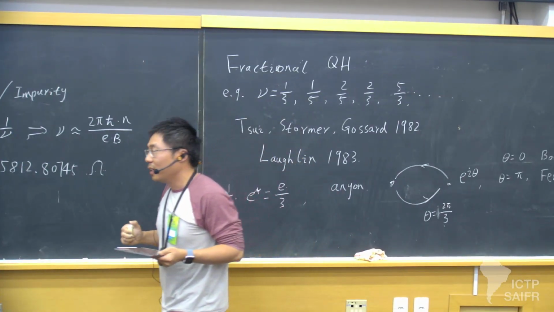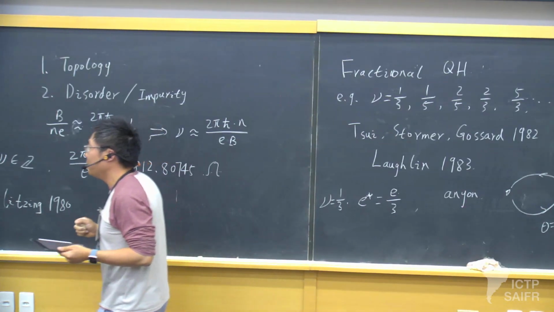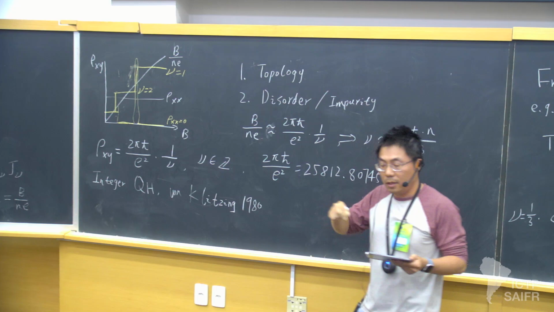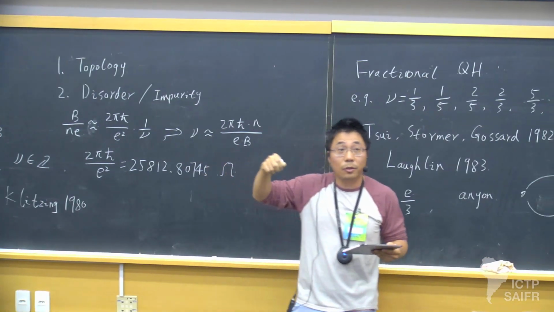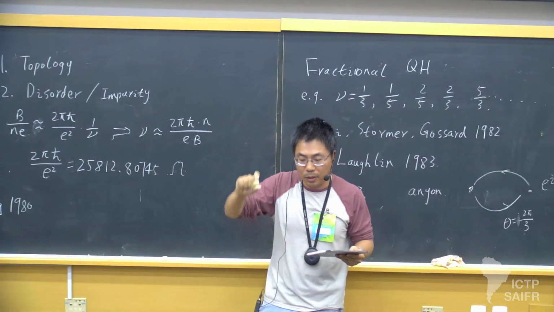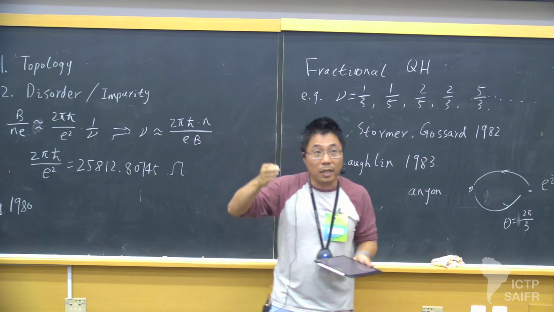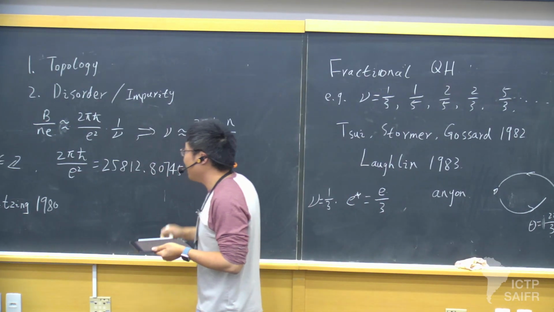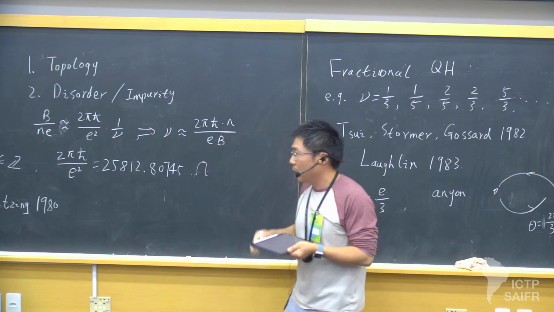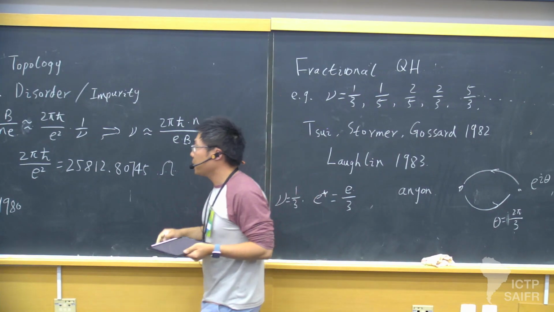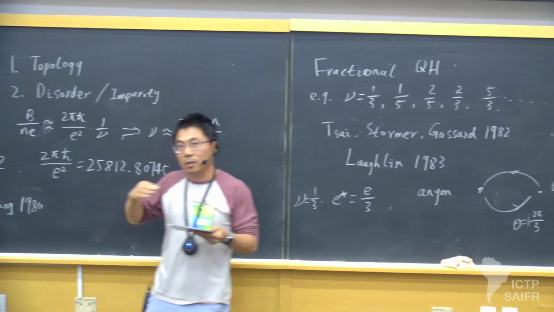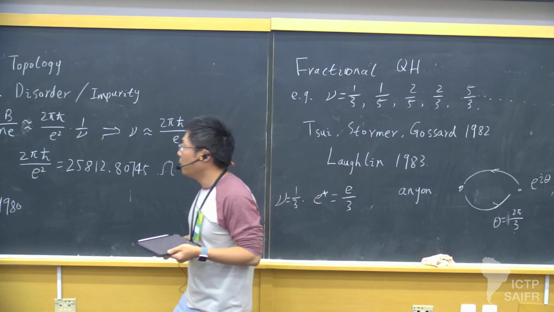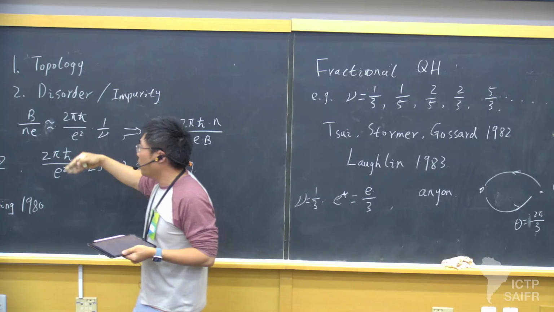So a naive answer is that when you apply a magnetic field, the spin gets Zeeman energy, right? You do get splittings between the spin up and spin down, right? And then with some naive approximation, we can say that we can ignore the spin degree of freedom for those quantum Hall effects.